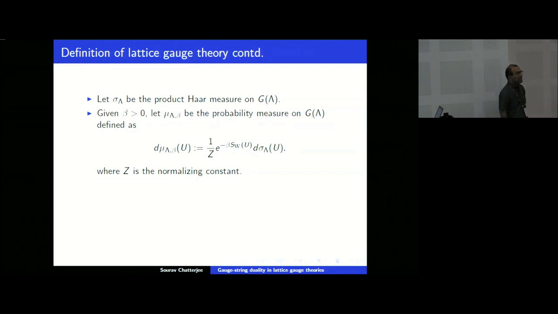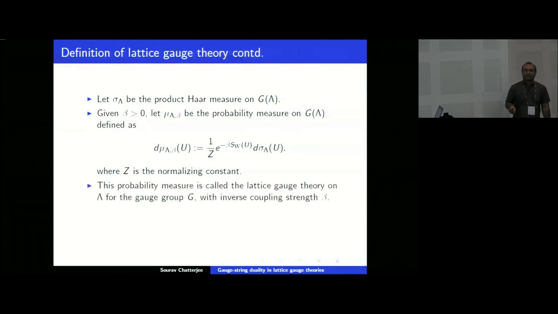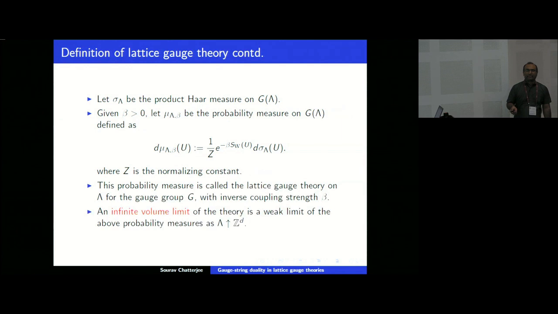Okay, so that's how the lattice gauge theory is defined. And so this probability measure is called the lattice gauge theory on Λ with gauge group G with inverse coupling strength beta. And then you take an infinite volume limit, so you take the weak limit of these measures as Λ goes to the full lattice. Okay? So that defines lattice gauge theory on Z^D.